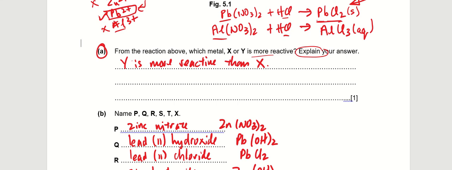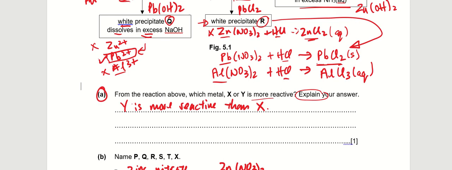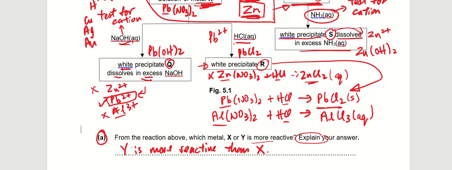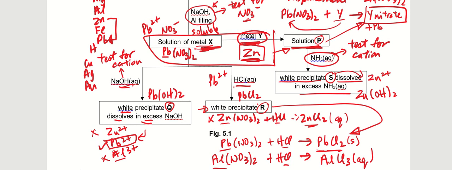Okay, that answers the first part, but we are also asked to explain. So according to the law of metal displacement, Y is more reactive than X, so that Y is able to displace X from a solution of X, and that's what happens here. Zinc was able to displace lead from a solution of lead nitrate.